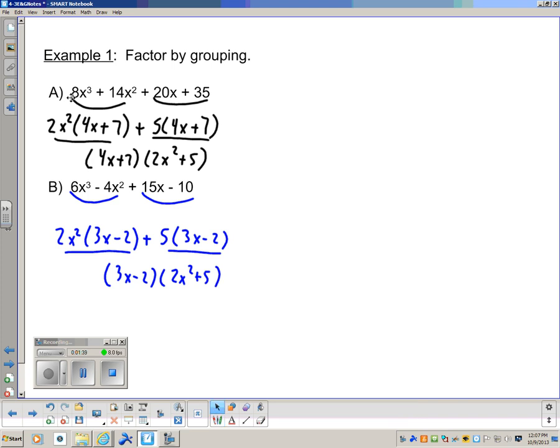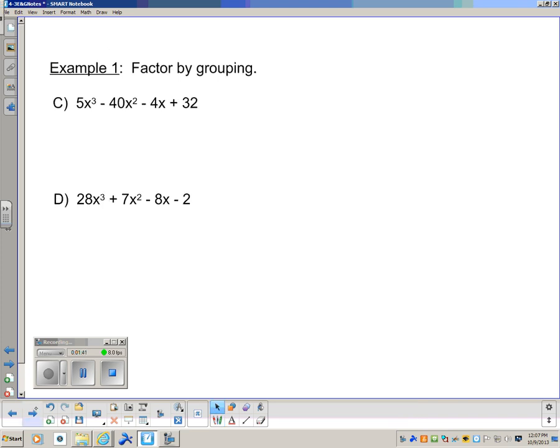So factoring by grouping. Let me do two more of these yet. Again, group the first two, group the last two. In the first two, for the GCF, they have a 5 in common and they have an x squared in common. So 5x squared times x will give me 5x to the third. 5x squared times negative 8 will give me negative 40x squared. For the next one, because I'm starting there with a negative, I want to pull a negative out, 4.